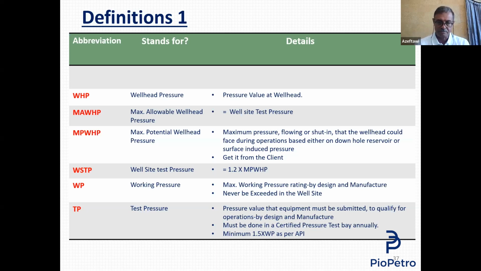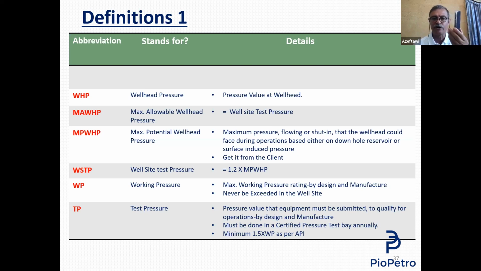It varies from one standard to another, but if we are using the API standard, American Petroleum Institute, which is the most famous standard in the world for the oil field industry, the relation between the working pressure and test pressure is minimum 1.5. So if we have a piece of equipment like this one, we need to test it.